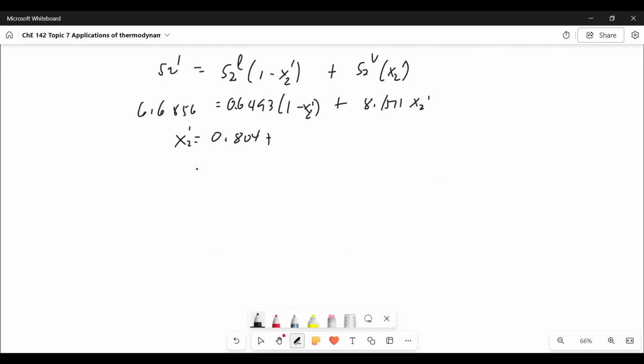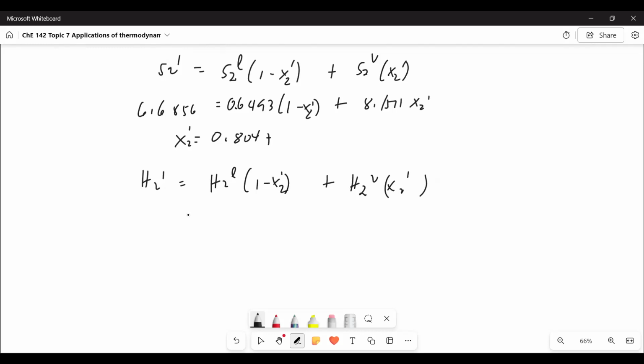What is the reason why we need to do that? We want to calculate H2 prime, the isentropic expansion enthalpy. And the equation is similar: H2L times 1 minus X2 prime plus H2V times X2 prime.